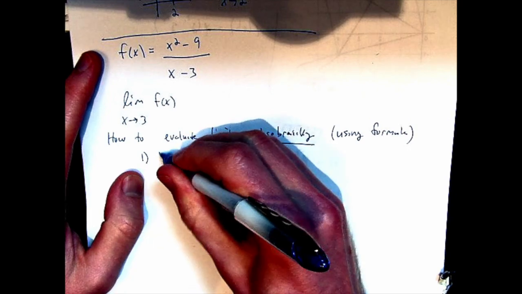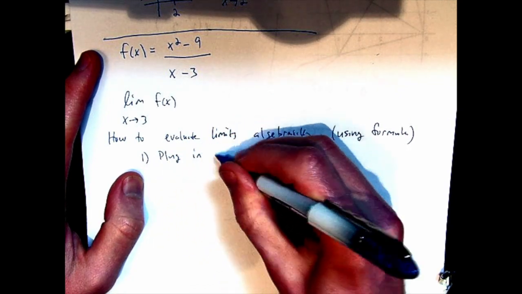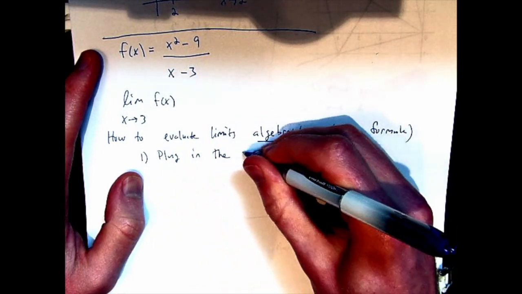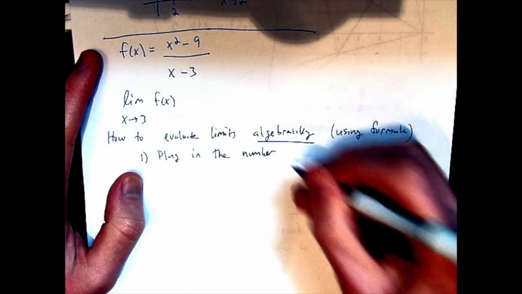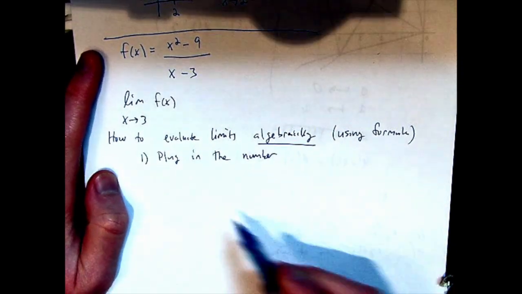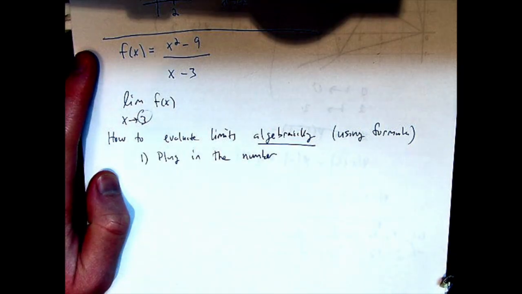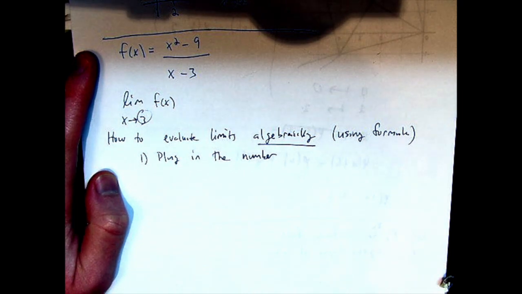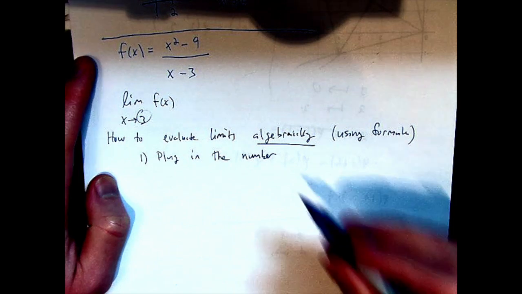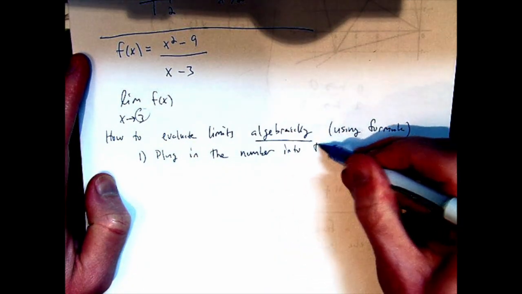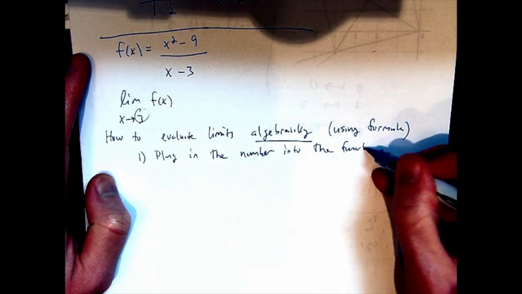Step 1 is you just plug in the number. And by the number, I really mean this number right here. So if your limit is being taken as x goes to 3, then you should plug 3 into the function. All right?